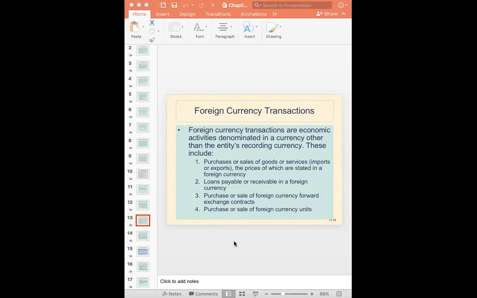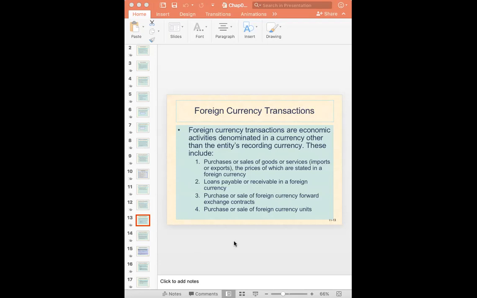Then there is the balance sheet date and the foreign currency transaction date if it occurred during the period. So the adjustment restates the foreign currency denominated account to the US dollar equivalent, valued at the balance sheet date.